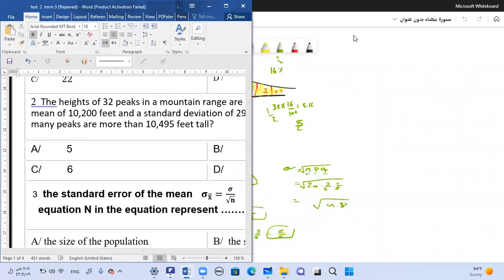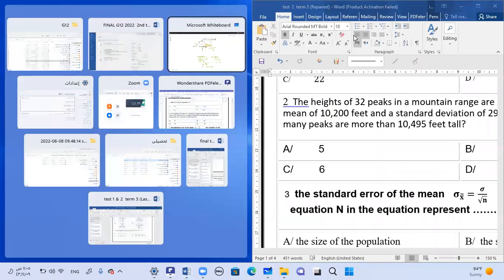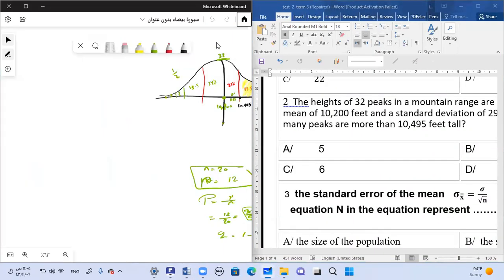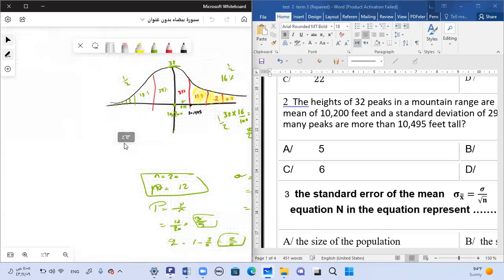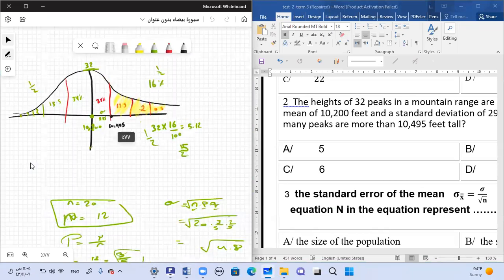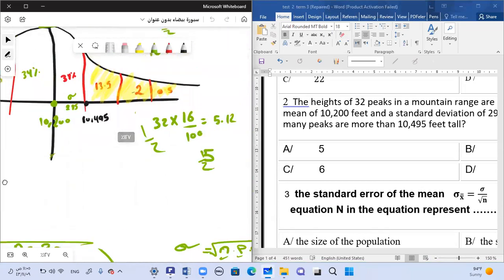To solve this idea, we should remember that I want to find how many numbers, not a percentage. So it is very important to remember to draw the normal distribution.